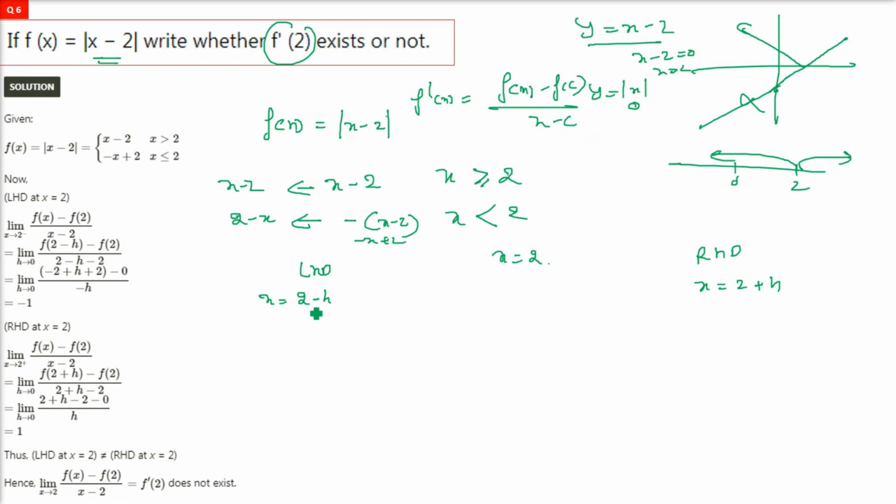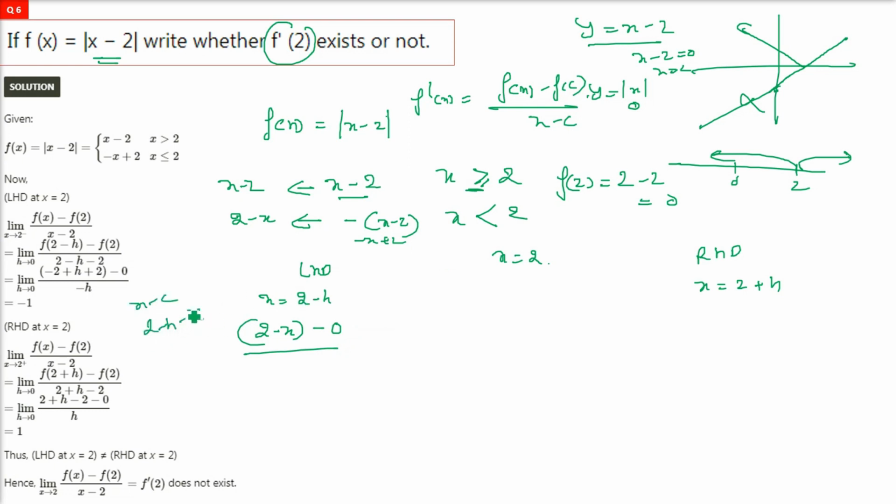What is f(x)? When you go on the left, for x less than 2, it will be 2 minus x here. And what will be the value of f(2)? When you put 2 in x minus 2, it will be 2 minus 2, that is 0. So f(2) is 0, divided by x minus 2.